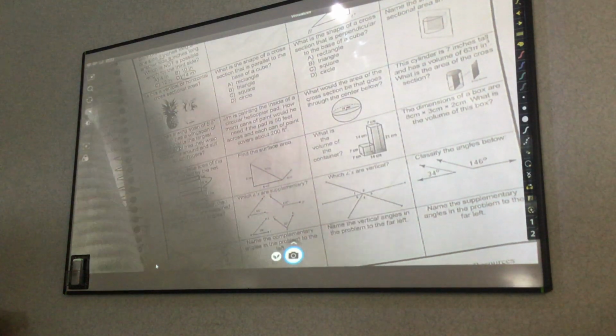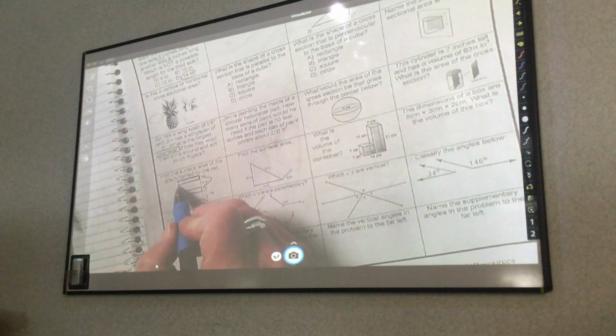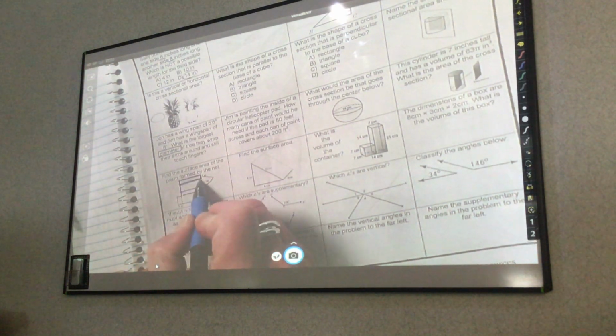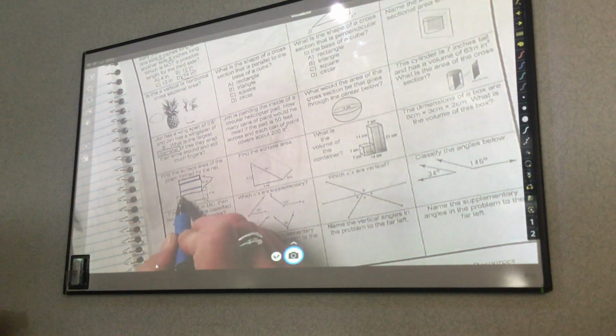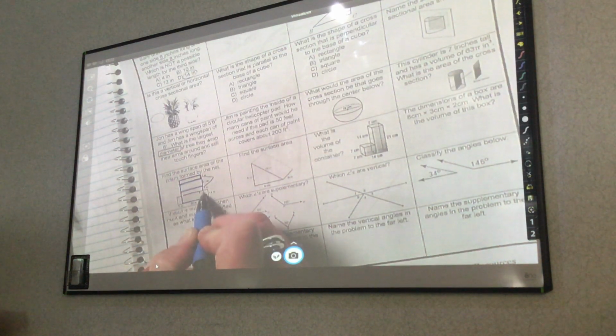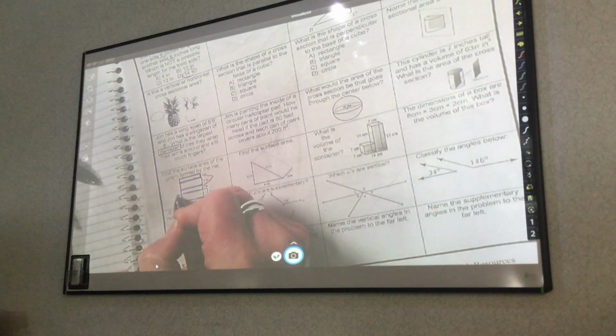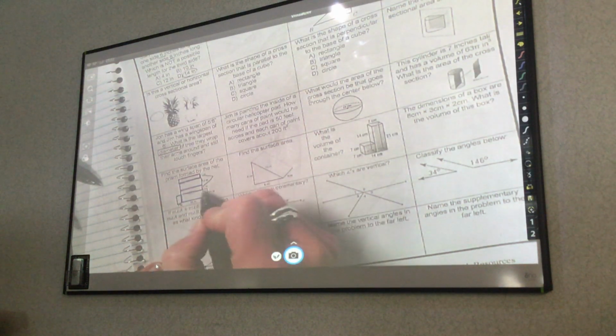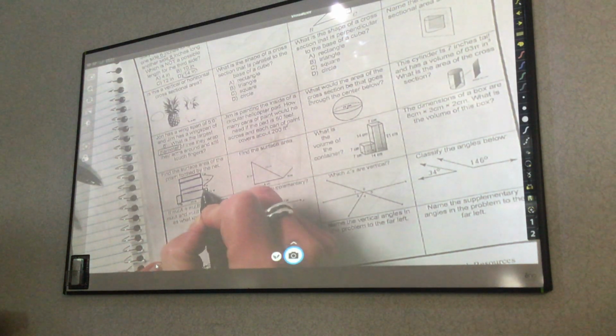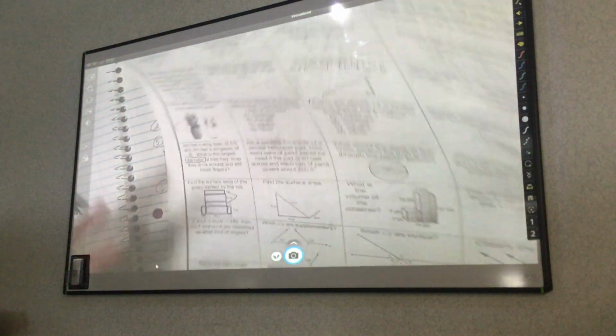And this one and this one have the same area, so I could find the area of one and multiply it by 2. And these two have the same area too. So I'm going to do the purple one first.